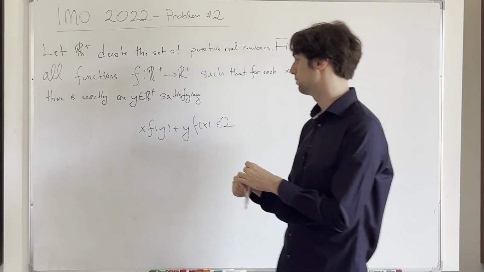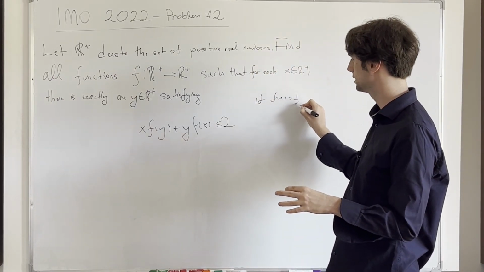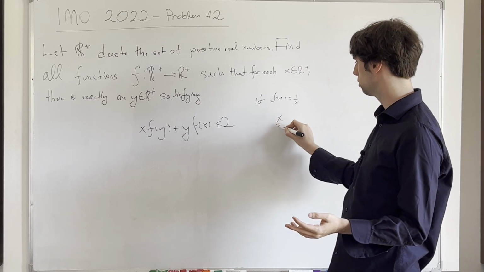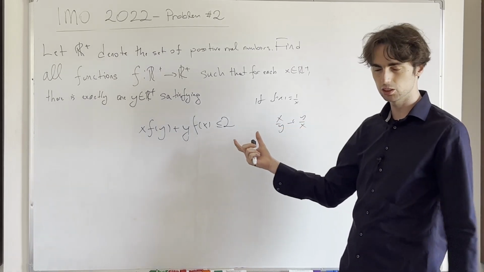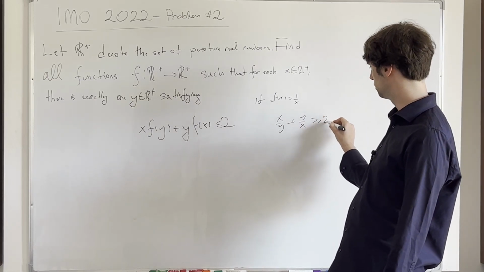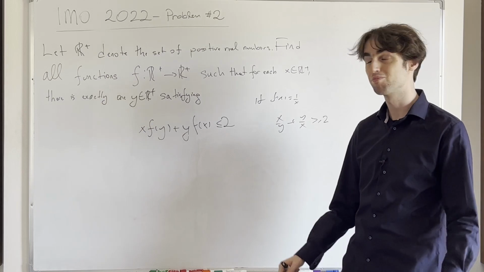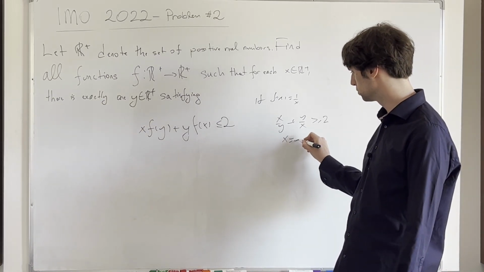If f of x is equal to 1 over x, then this becomes x over y plus y over x, for every single x and y. But this is greater than or equal to 2 by AM-GM, and there's only one solution, and that is x equals y.